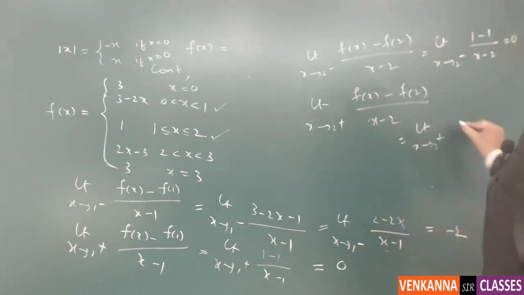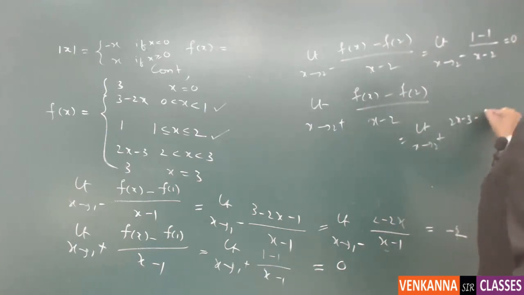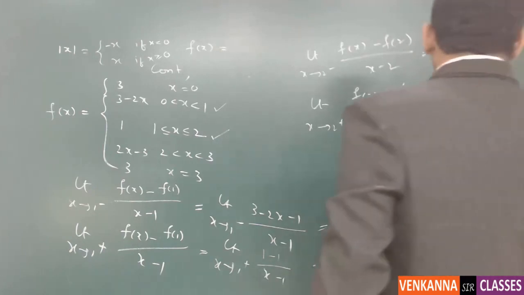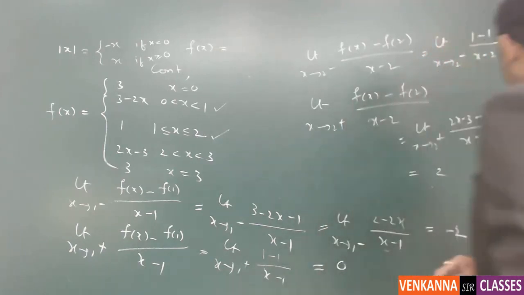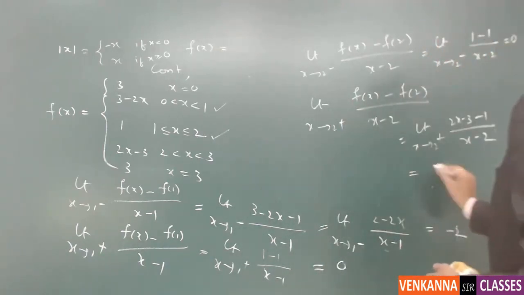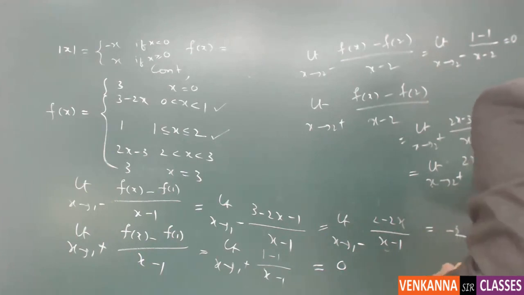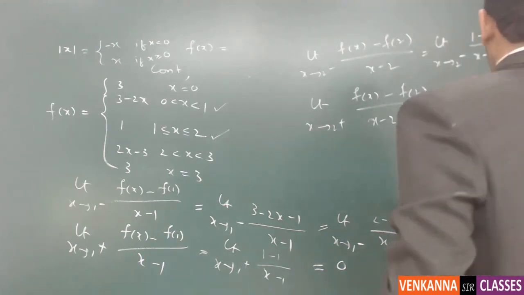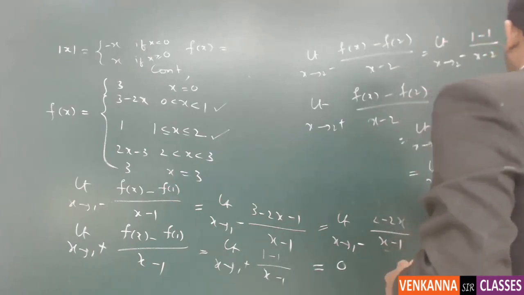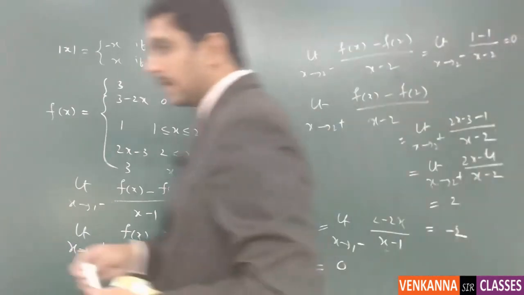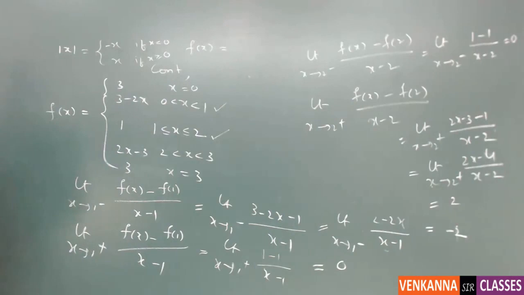For 2 plus, its value will be 2x minus 3, minus 1 by x minus 2. So this will be 2. Agreed? All of you?